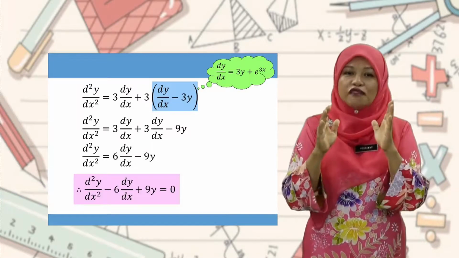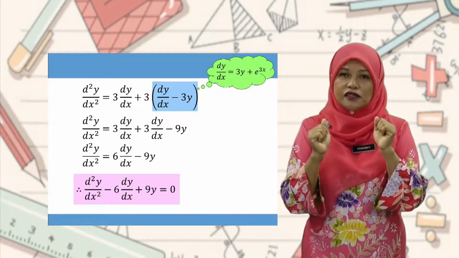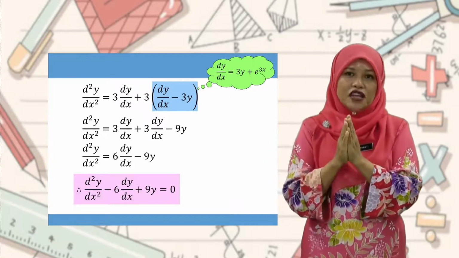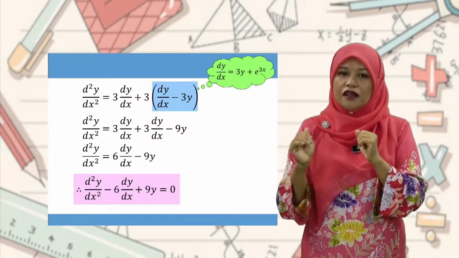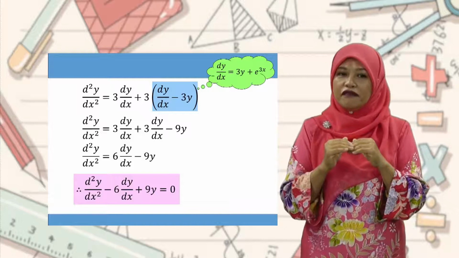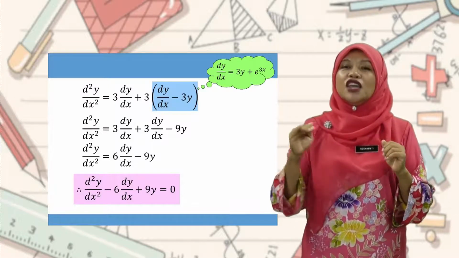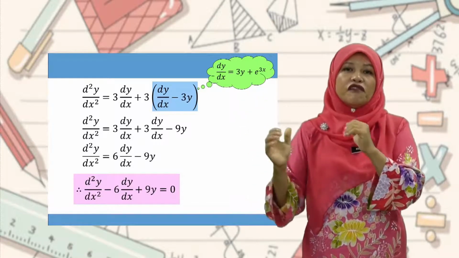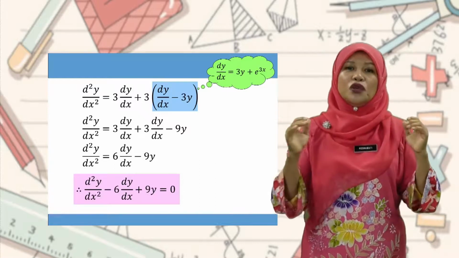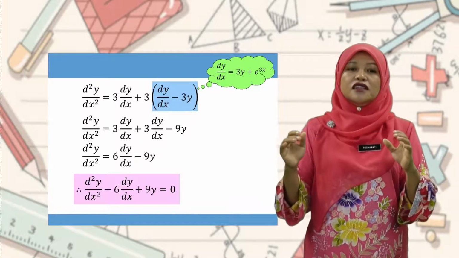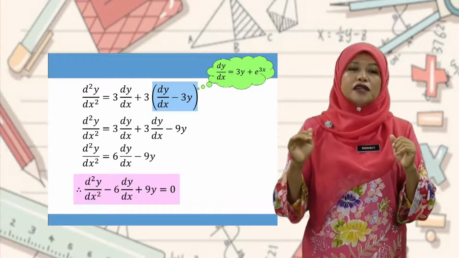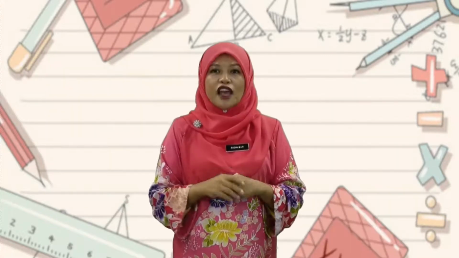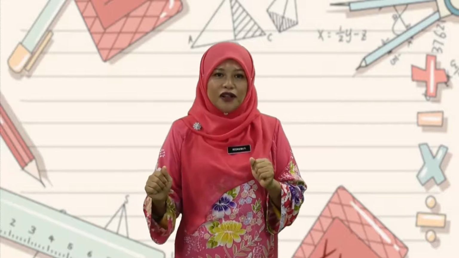So we have two places of dy dx, 3 dy dx plus 3 dy dx, which becomes 6 dy dx. Therefore, d2y dx squared equals 6 dy dx minus 9y. Shift everything to the left so that we have exactly d2y dx squared minus 6 dy dx plus 9y equals 0. That's all for our examples.